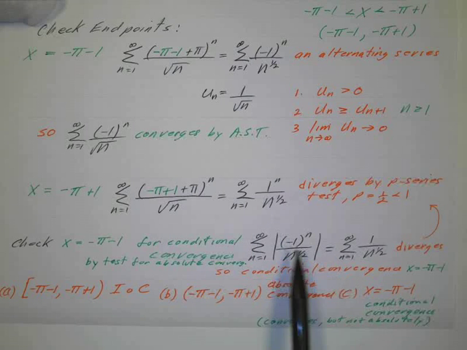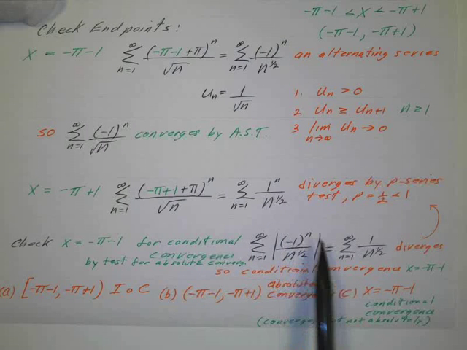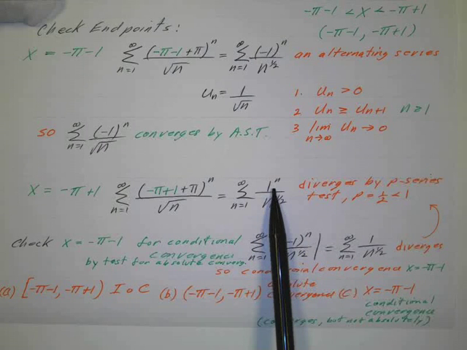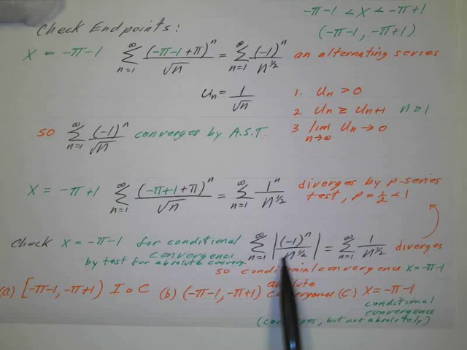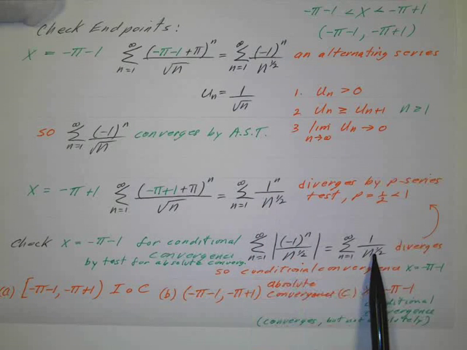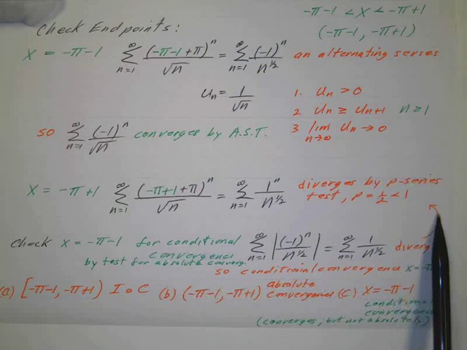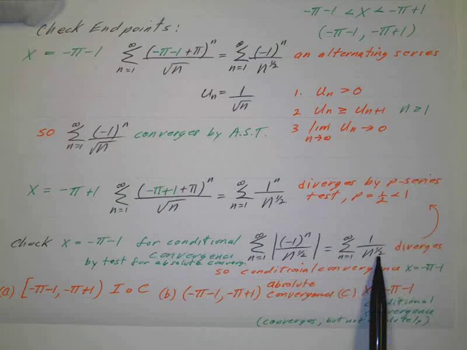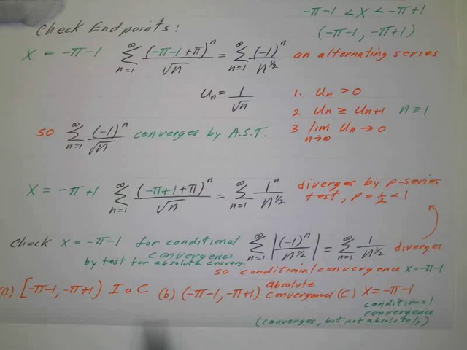It gets rid of the negative 1, just like before. So the absolute value of the series is this. And again, this diverges, same thing by the p-series test. So therefore it doesn't converge absolutely at this point.